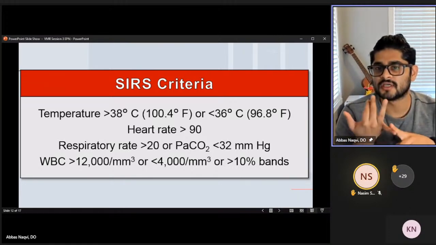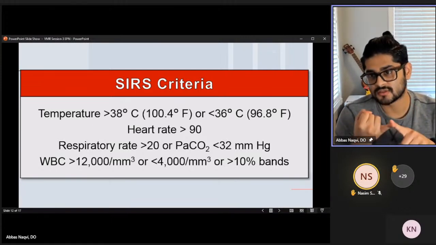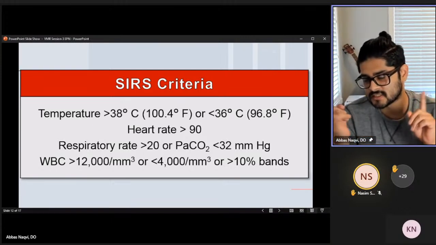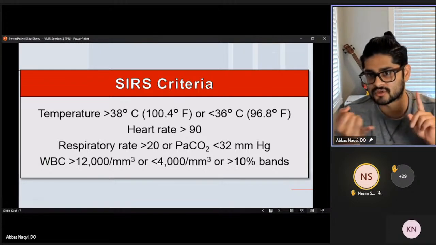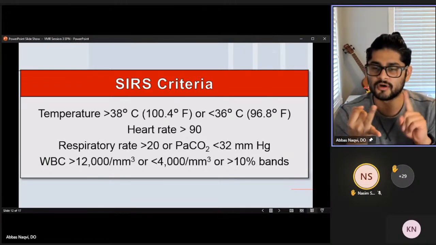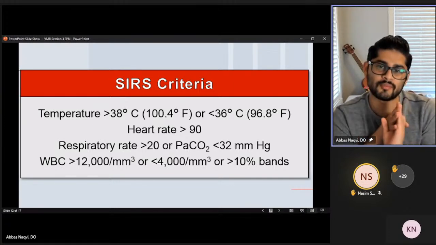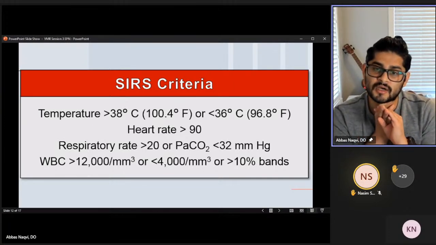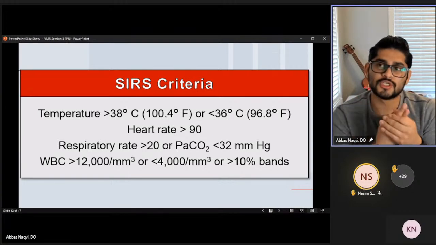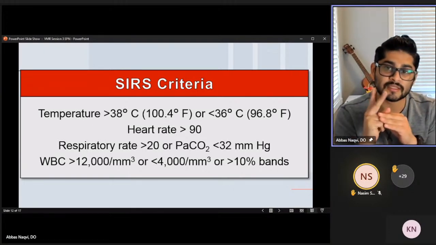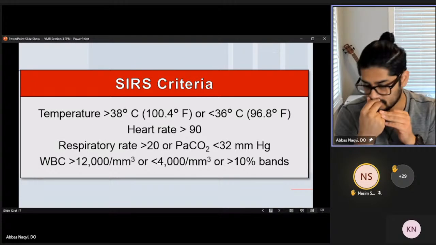So if her temperature is greater than 100.4, which it is, or less than 36 Celsius, 96.8 Fahrenheit, which it's not. So she's above 100.4, her heart rate is above 90, her respiratory rate is 20, so that doesn't count, but her white blood cell count is above 12,000. So she would meet criteria. So you need at least 2 of these to meet criteria for SIRS.